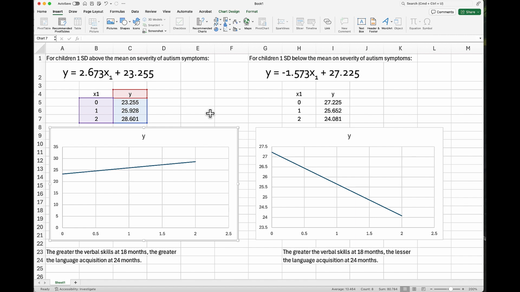So that's the negative there. And maybe that has some meaning for you if you're a developmental or child psychology researcher. But statistically, you've got a difference now, suggesting an interaction between x1 and x2, and this is the illustration of that.